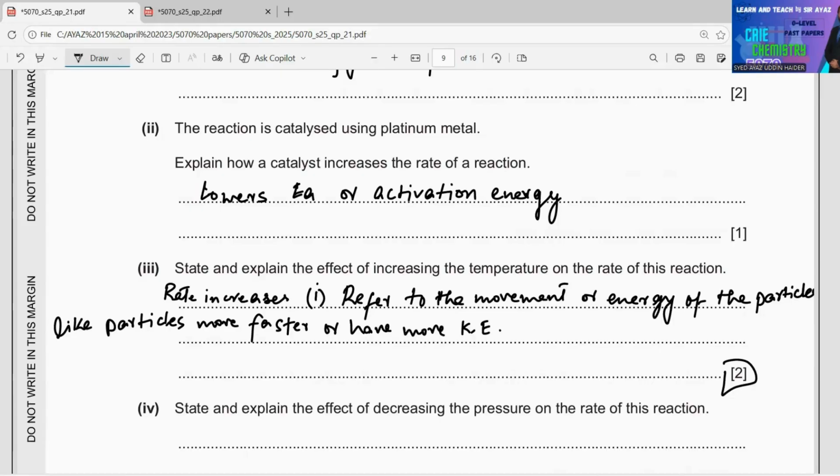And you can refer to the activation energy. Part 2, refer to the particles' proportion, percentage or ratio.